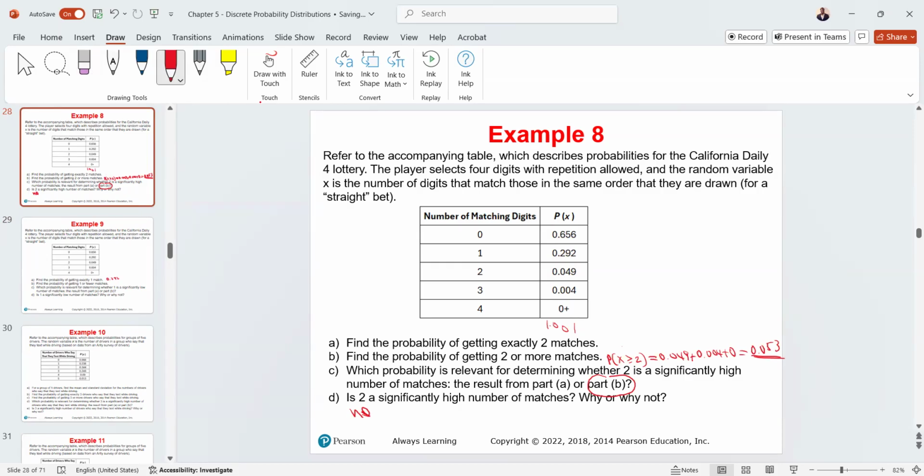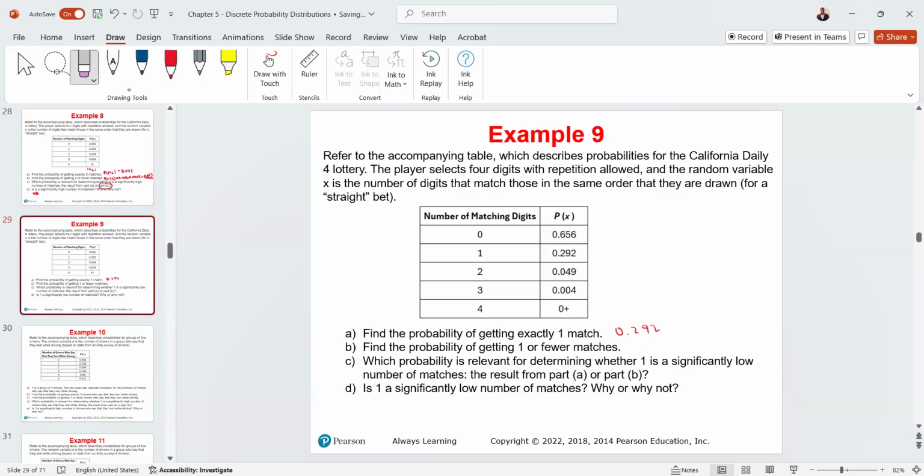Let me put it correctly. The probability of x equal 2 is 0.049. Now here, the probability of x equal 1 is 0.292.